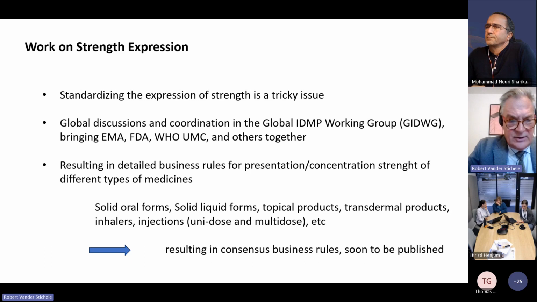And this has resulted in a detailed publication with detailed business rules for presentation and concentration strength of the different types of medicine, such as solid oral forms, liquid forms, topical products, transdermal products, inhalers, injections, etc. And all this has resulted in consensus business rules, and they are not official yet. They are soon to be published, but they can already be informally consulted.